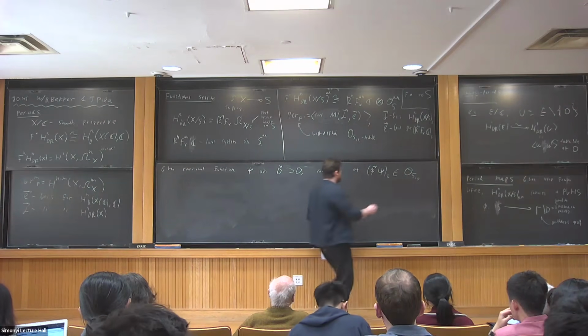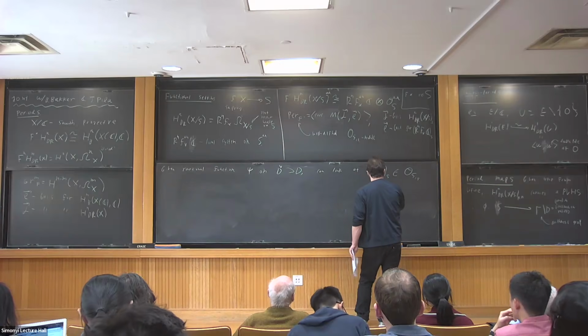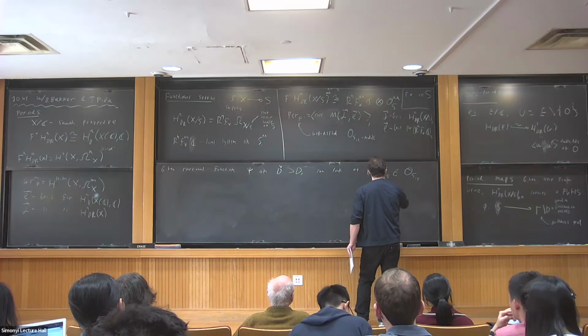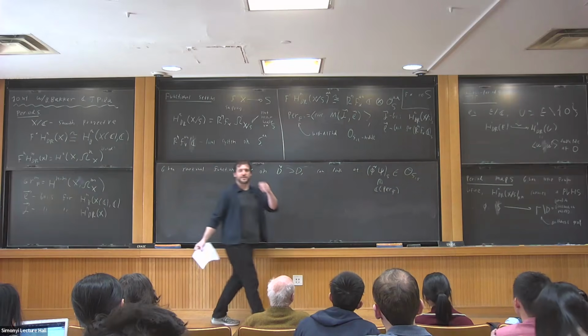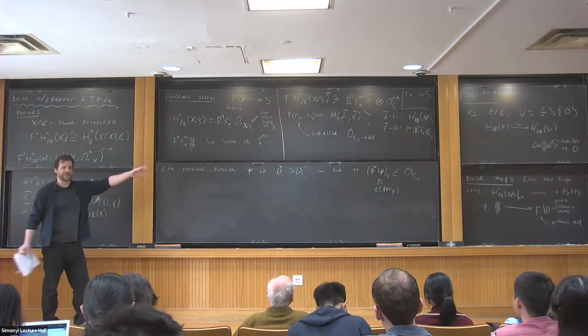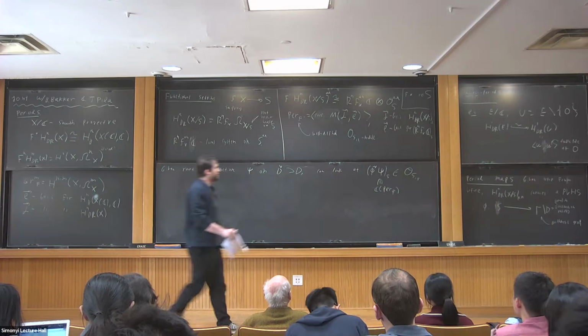It's not hard to see that this will lie as an element of C drawing the periods coming from it. So it's built out of certain Plücker coordinates here.